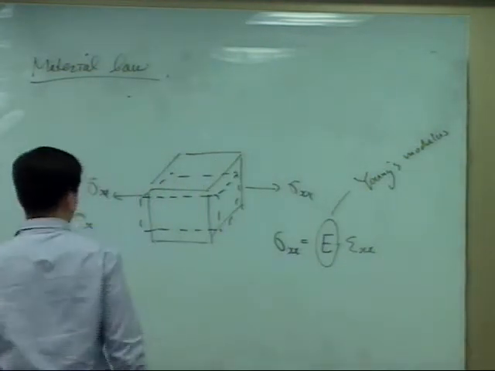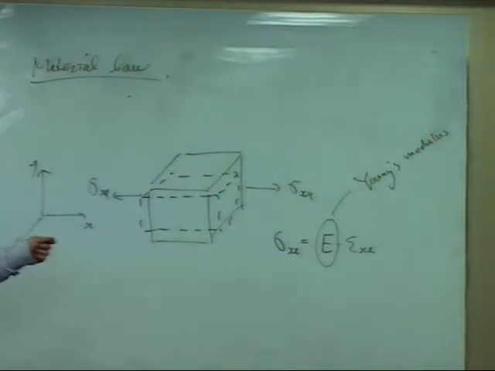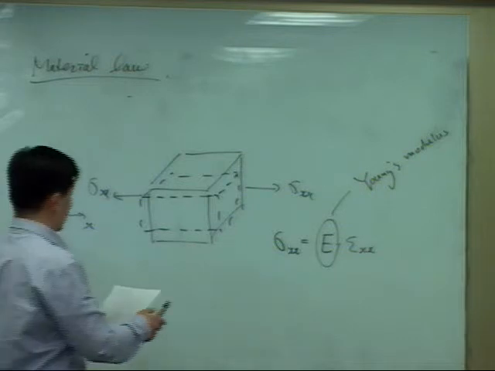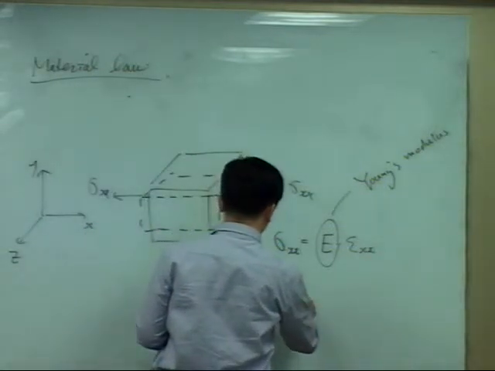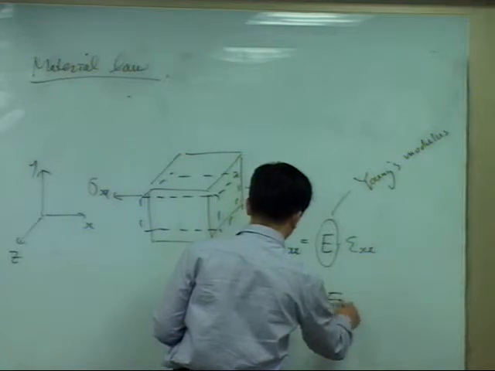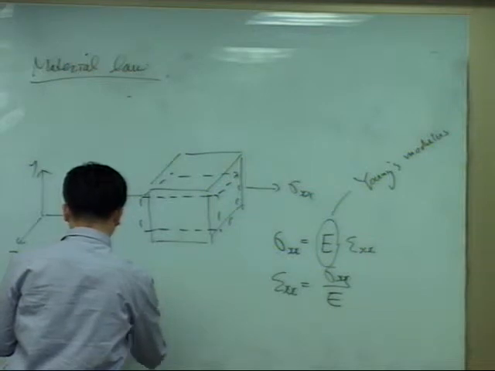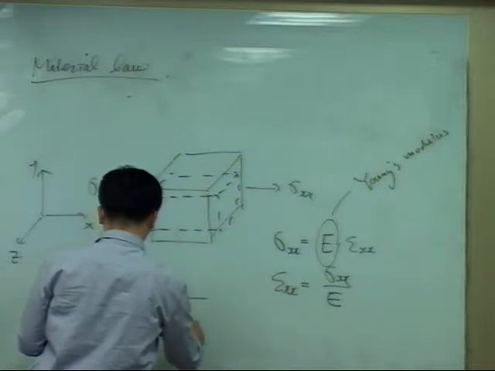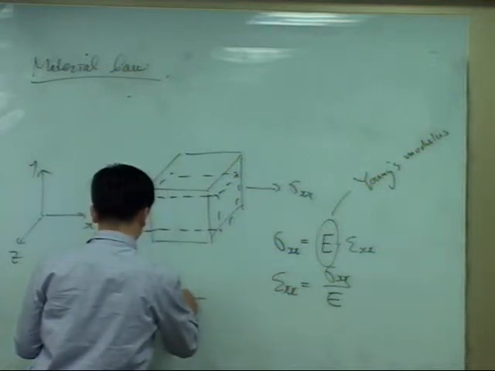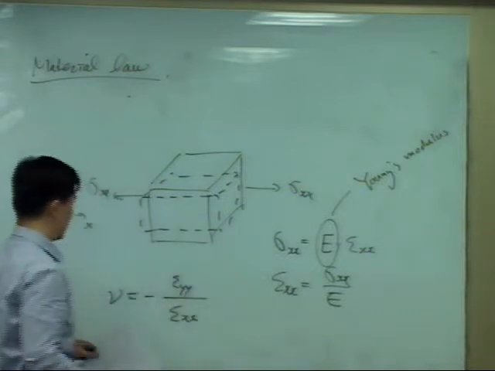And if I stretch this one in the X direction, what happens in the Y and Z directions? There is going to be some contraction, right? So from here, strain XX is stress XX divided by E, and we define the Poisson ratio mu as the ratio between the strain in the longitudinal direction and the strain in the lateral direction.